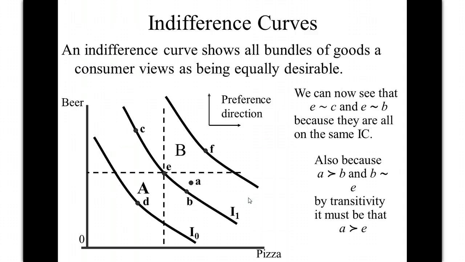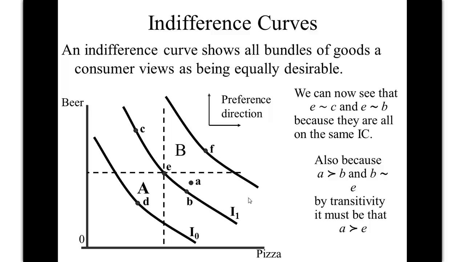So we can have an indifference curve. What an indifference curve represents is basically a set of consumption bundles that offer the individual the same level of utility. So in a choice between two separate goods, the individual theoretically could consume any combination of those goods.